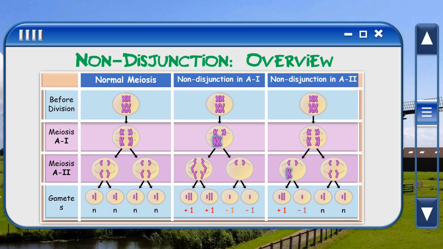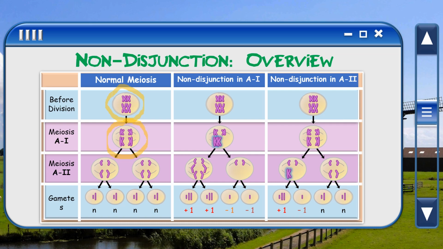So here let's look at this non-disjunction overview. In normal meiosis, we have our homologous chromosomes aligning themselves on the same spindle, and here they separate. This is meiosis 1, where homologous chromosomes are separating and moving to different poles.